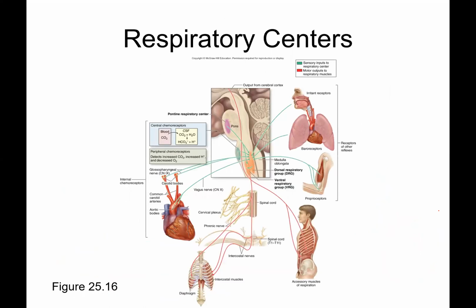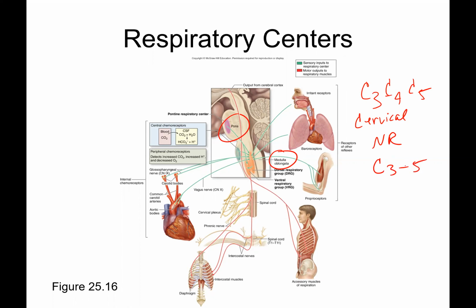Neurologically, the pons and the medulla are going to help you breathe. So the diaphragm, we have C3, C4, and C5. So cervical nerve roots, C3 through 5.